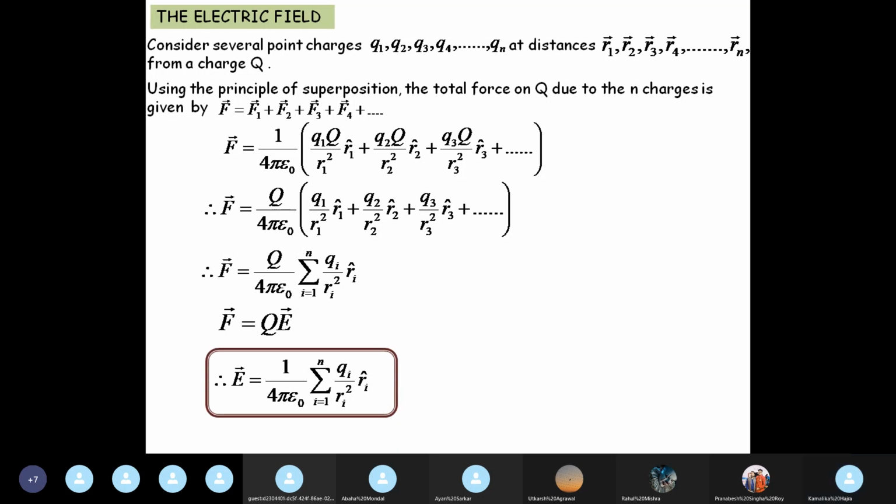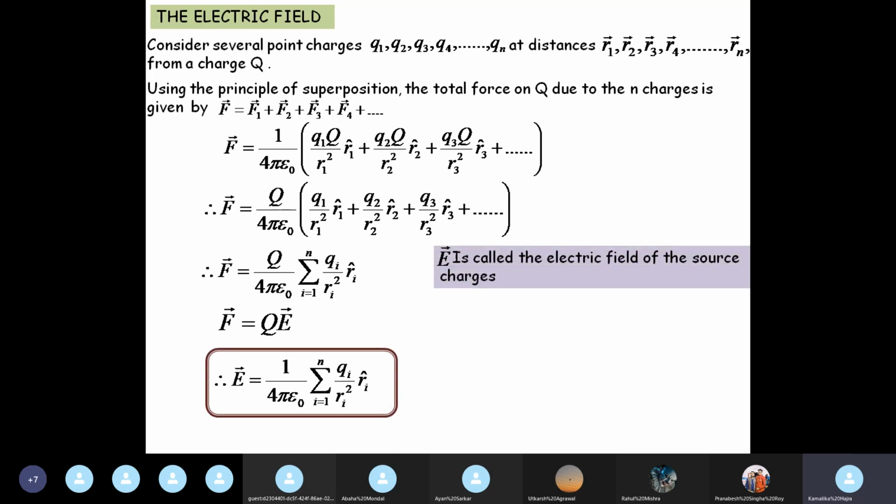This is called the electric field of the source charges. If you have just one source charge, it will be Q by 4 pi epsilon naught r squared r cap. But if you have more than one source charge, then you will have to sum up this expression to get the resultant field due to all the source charges.